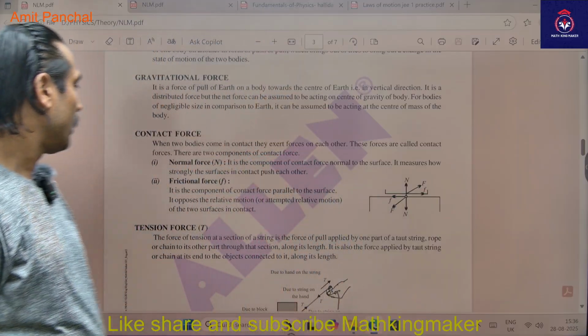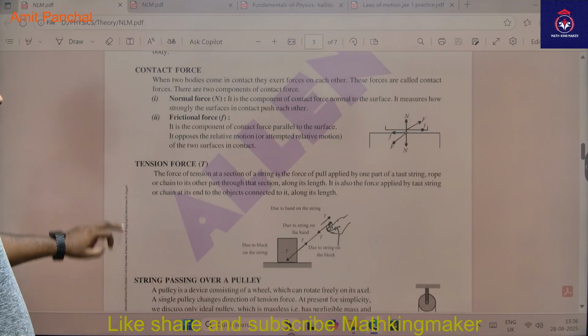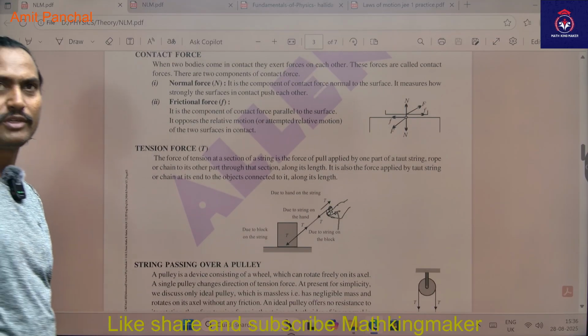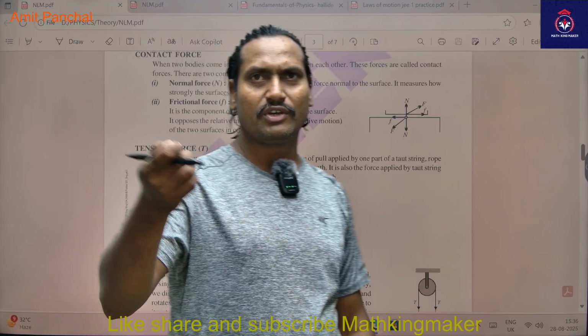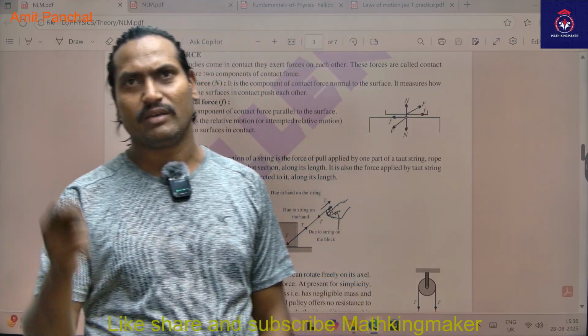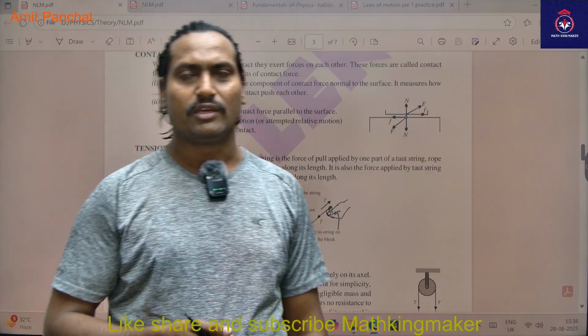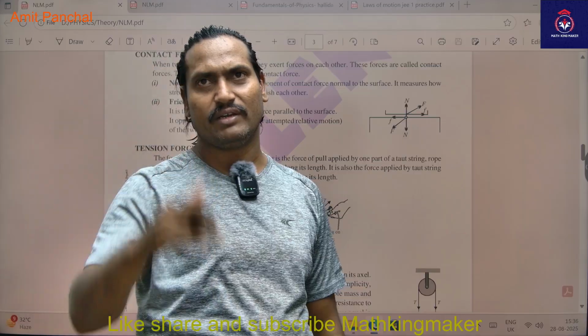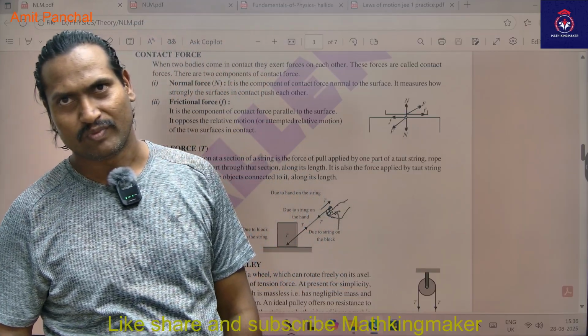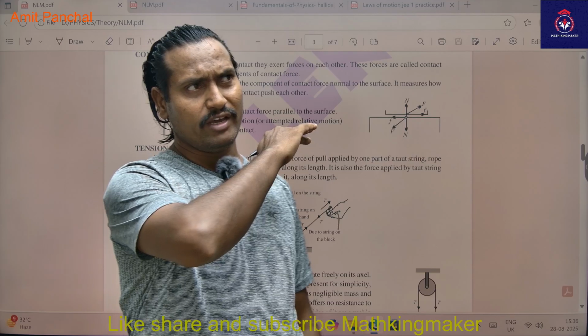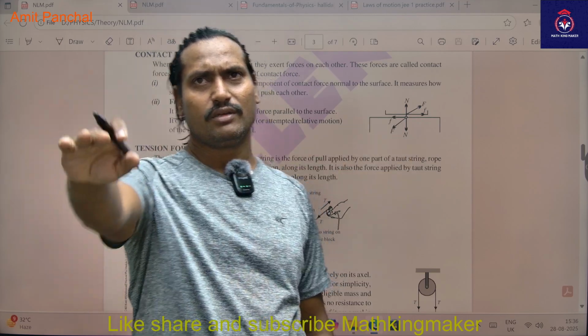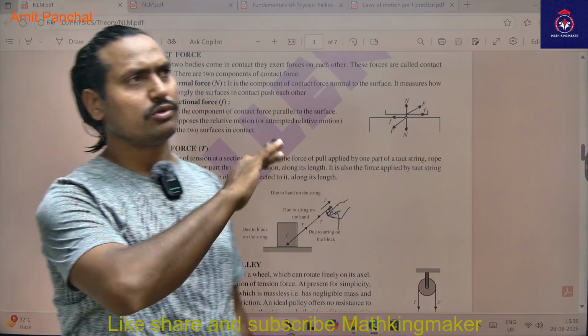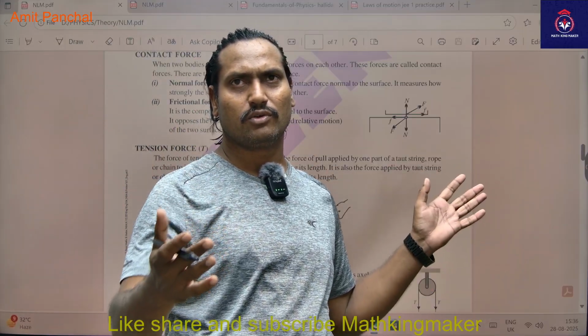Another one is tension force. Tension force comes into the picture once there is a string type of material. If a ball is hanging by some string, it will have a tension. High tension wires are also in tension.